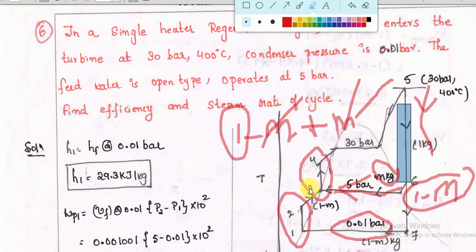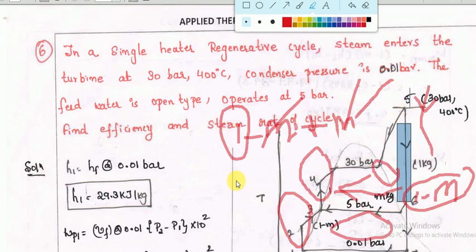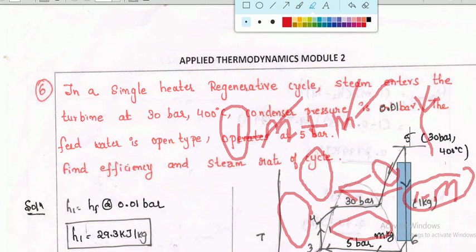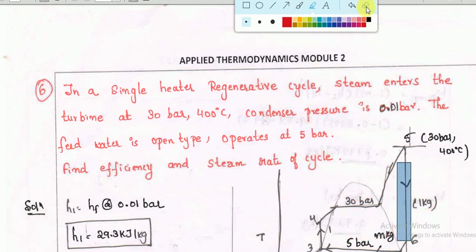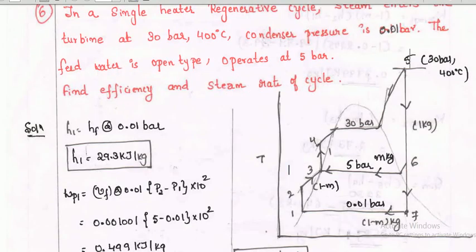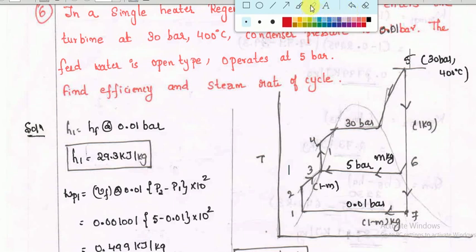It is pumped from point 3 to 4 with increasing temperature. From 4 to 5, again heat is being added. So to solve this problem, we will move ahead and start solving.